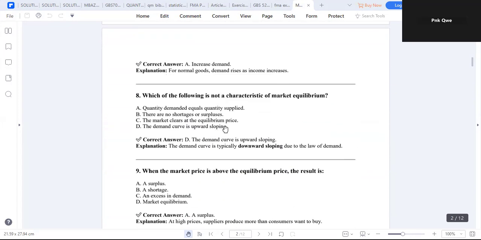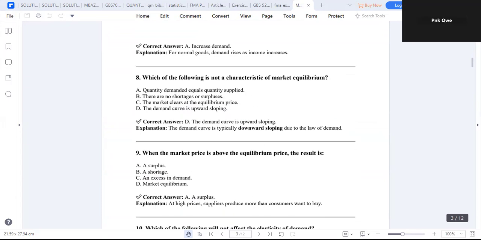All right. Which of the following is not a characteristic of market equilibrium? So typically, demand is downsloping due to the law of demand. Quantity demanded at equilibrium should be equal to the quantity supplied.